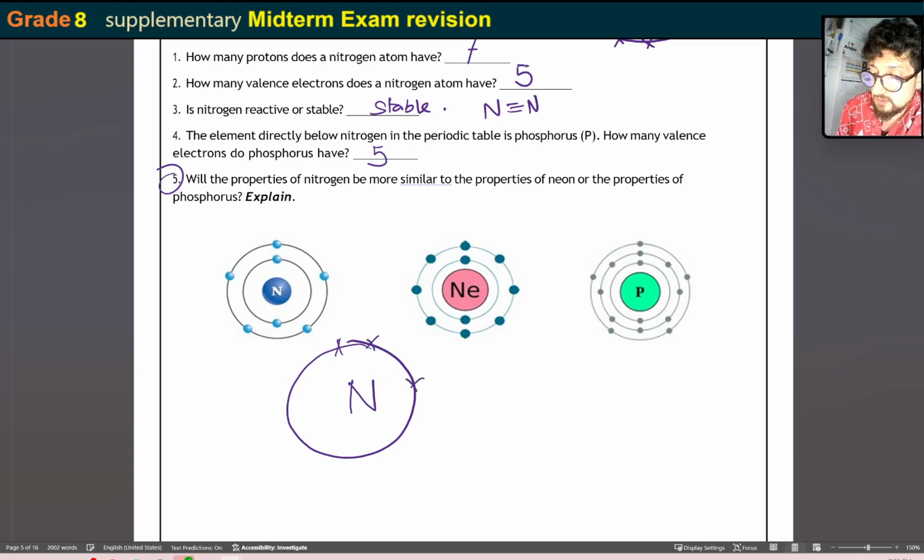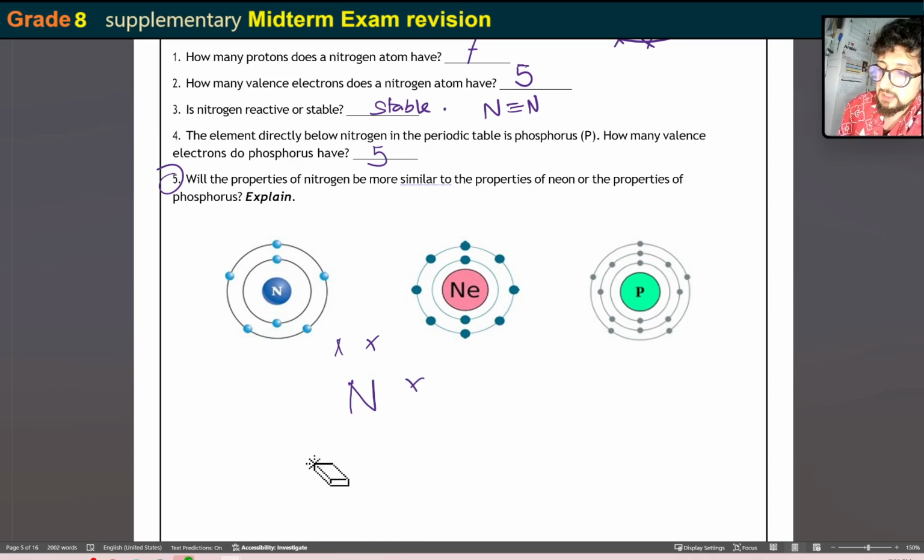It is going to need another 3 electrons in order to be stable. Being in group 5, it's going to be the same as phosphorus, which is right underneath it and also has 5 valence electrons, so it's going to have similar properties to phosphorus.